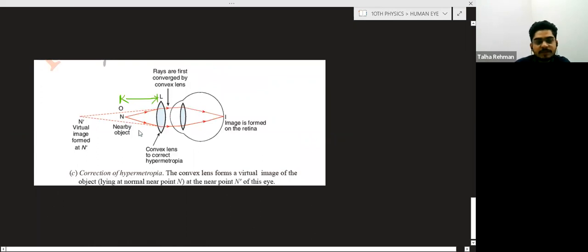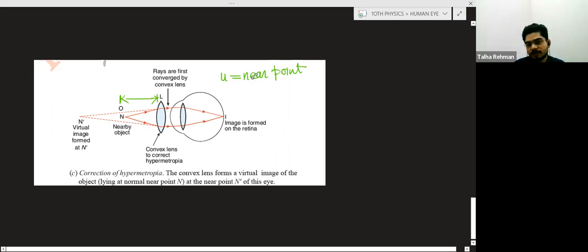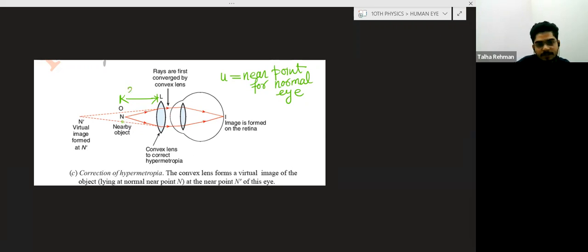So the object distance will be the near point of the normal eye. Basically, this hypermetropic eye wants to see this object here, and this is at a distance of 25 centimeter.